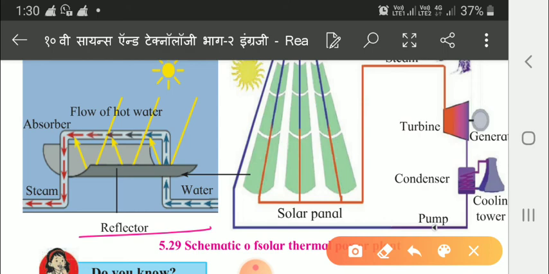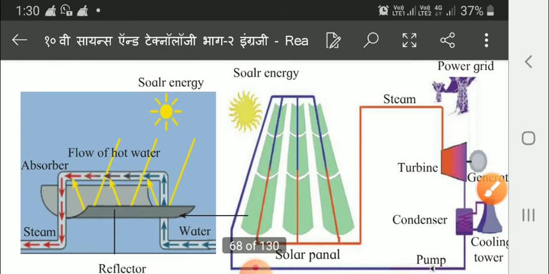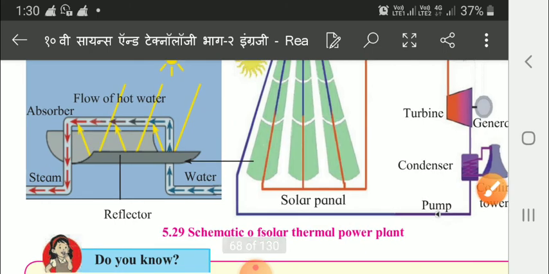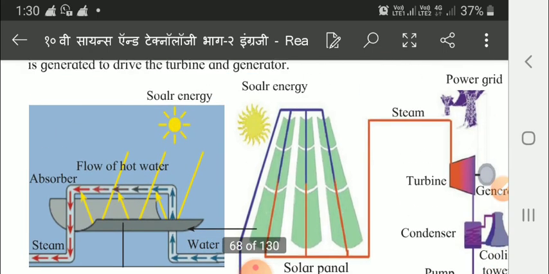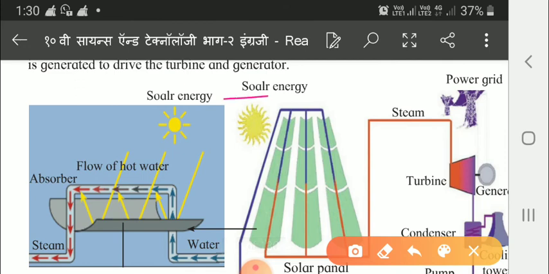This is a reflector. Now here you can see the solar panel, the schematic of a solar thermal power plant. We can see that this is the solar energy, the spelling is wrong here. This is the sun, these rays are absorbed here, and the water flows in these tubes.